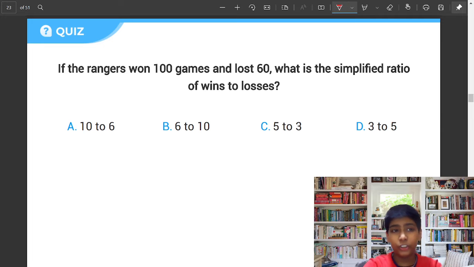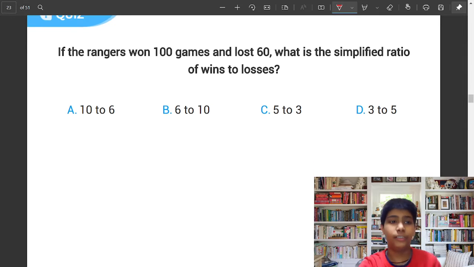Now third question, you can give one answer A, B or C, second answer B, C or D, like this. So I'll be marking that correct or wrong. If the Rangers won 100 games and lost 60, what is the simplified ratio of wins to losses?